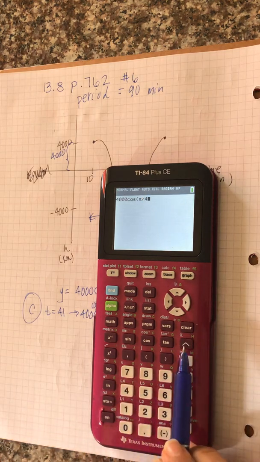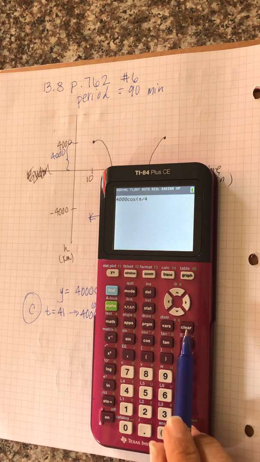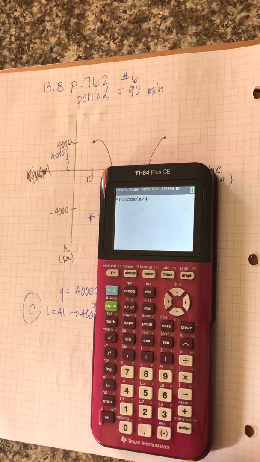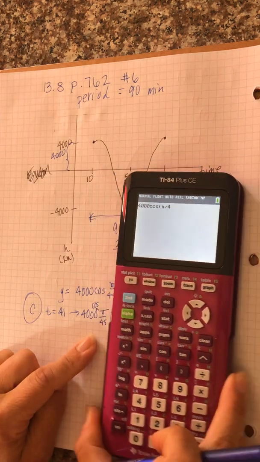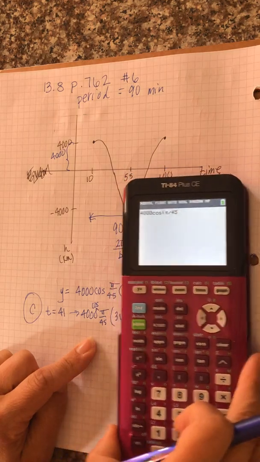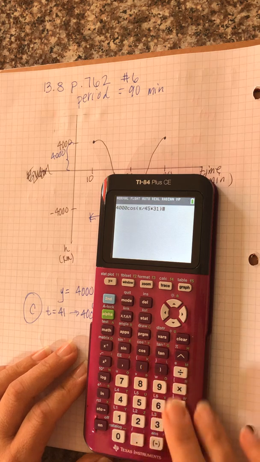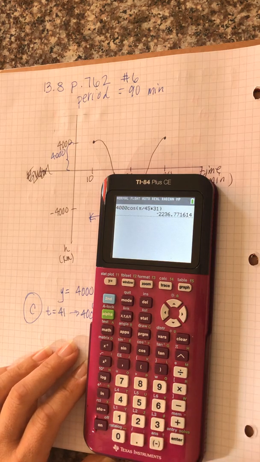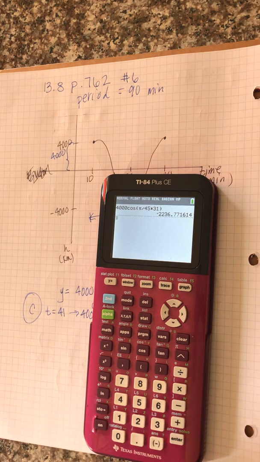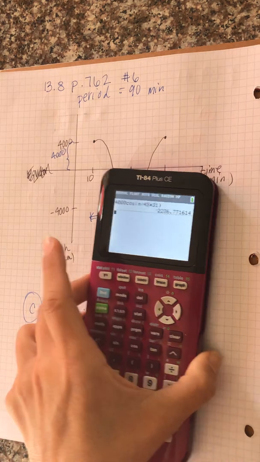Again, the pi key is above the caret, and that's right below clear. So pi over 45 times 31. Yep, negative 2,237 about. How is that possible?